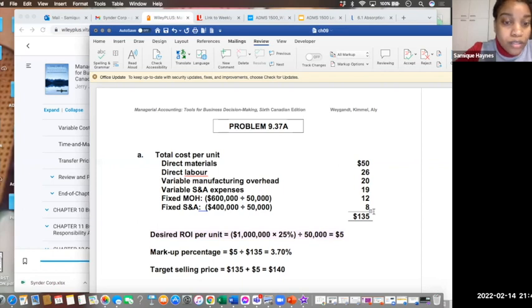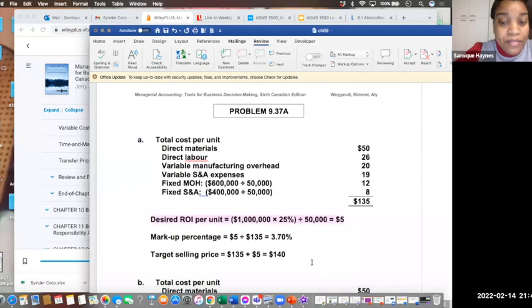Dividing our return on investment per unit by our total cost gives us our 3.70%, very good. And then once we multiply the 3.70% by the total cost and we add that, then we will get our target selling price. Or 135 plus 5 equals 140, same thing.